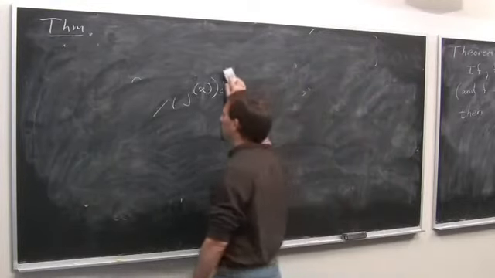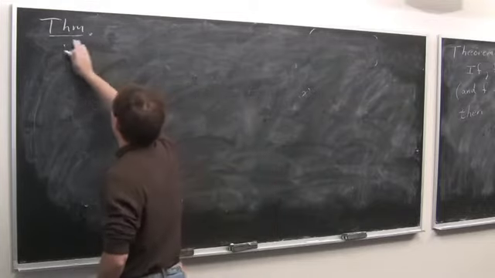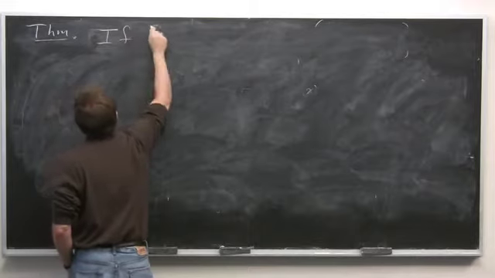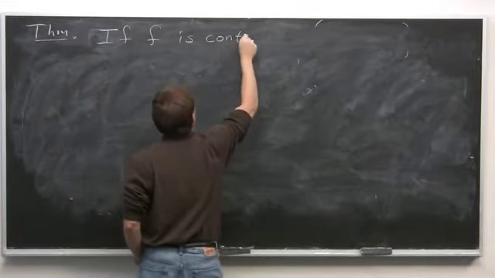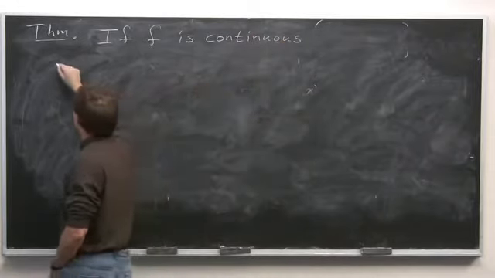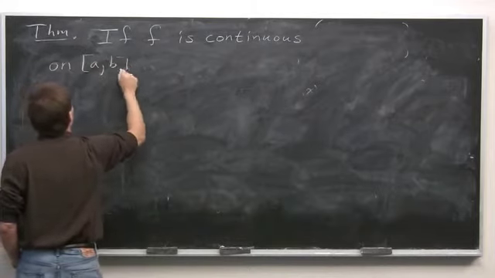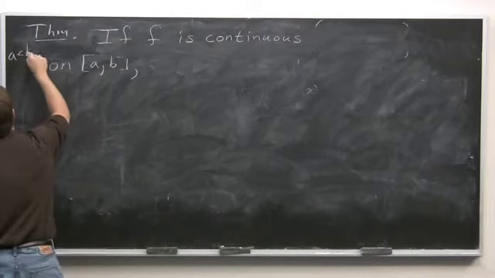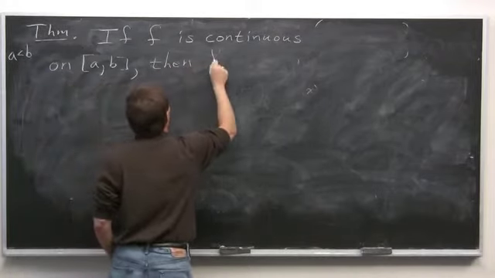There are generalizations of this and variations on this, but the big fundamental one is: theorem, if f is continuous on AB, and again I meant a is less than b, then f is integrable.